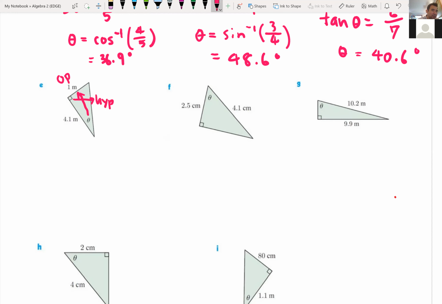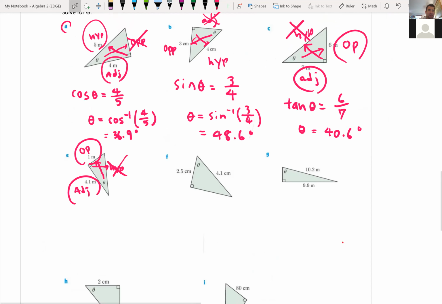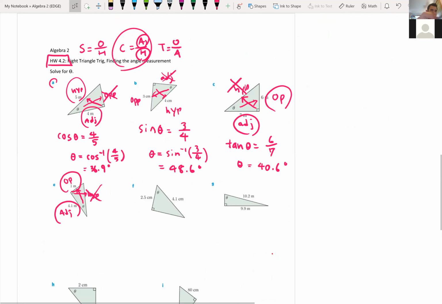That's the hypotenuse, and this is adjacent. There is nothing on the hypotenuse, so we're talking about an opposite and adjacent combination. For that, you look at SOHCAHTOA for which one uses opposite and adjacent.